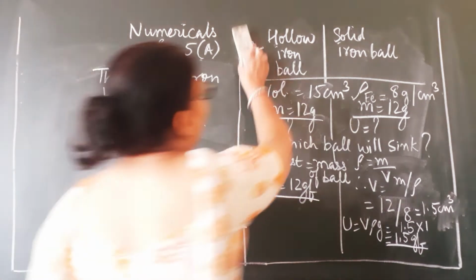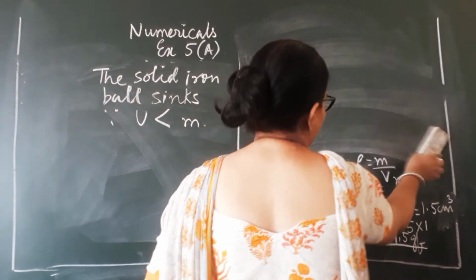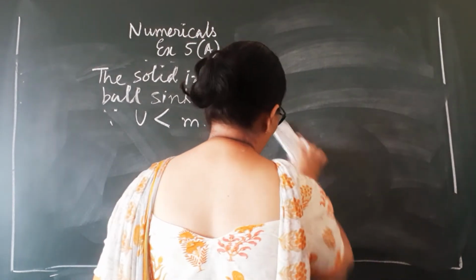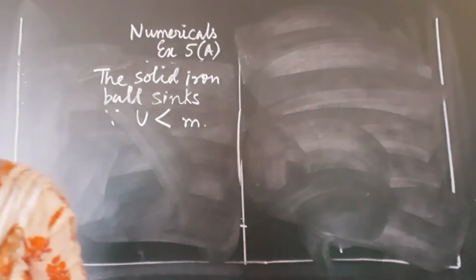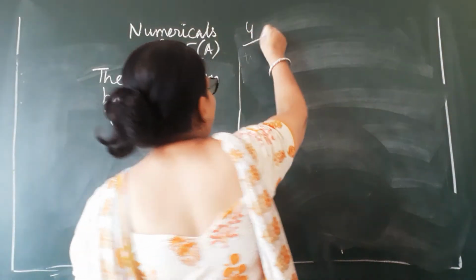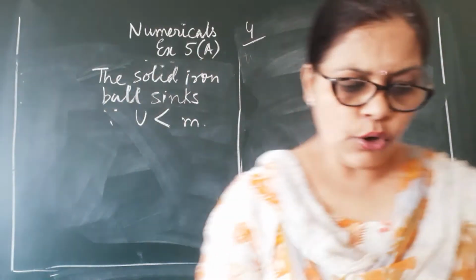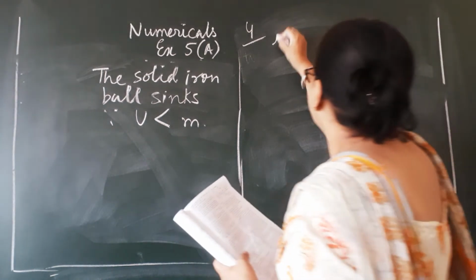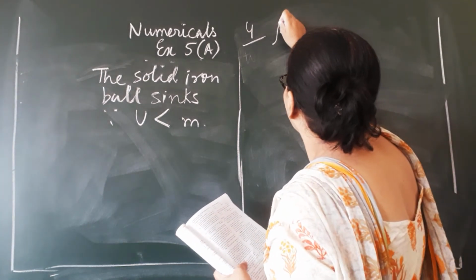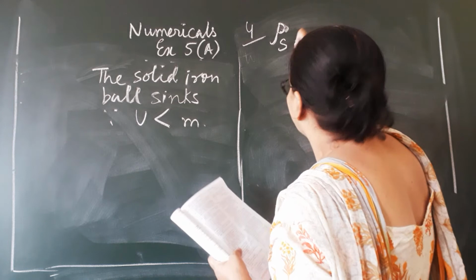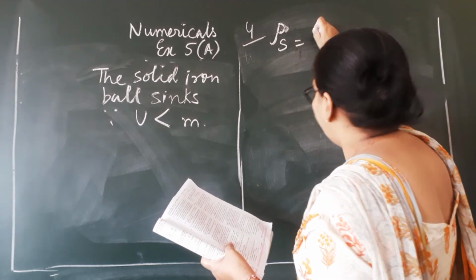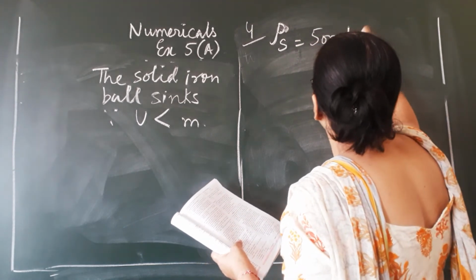Okay children, now I will solve the fourth numerical. I am reading out the fourth numerical problem for you. A solid, the density of the solid is given to be 5000 kg per cubic meter.